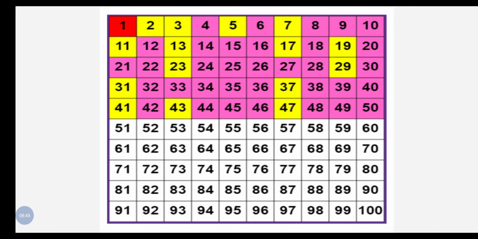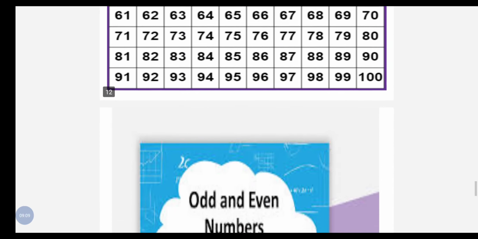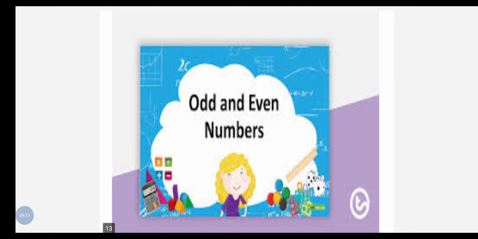So the red one is showing that it is neither a prime number nor a composite number, the numbers in yellow are prime numbers, and those in pink blocks are composite numbers. For the rest, write in your notebook and find out whether they are composite or prime numbers. So the last concept that we have to study along with factors is even and odd numbers.